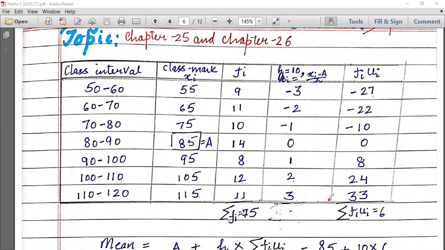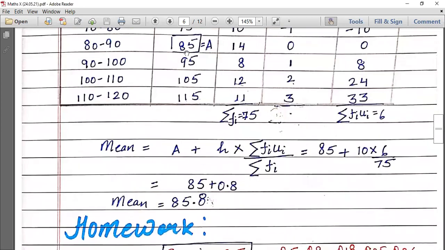Now find the sum of all the fi ui. You can add all the negative terms, add all the positive terms, then subtract them. After calculation, you will get summation fi ui as 6 only. And summation fi is 75, after adding all the frequencies.